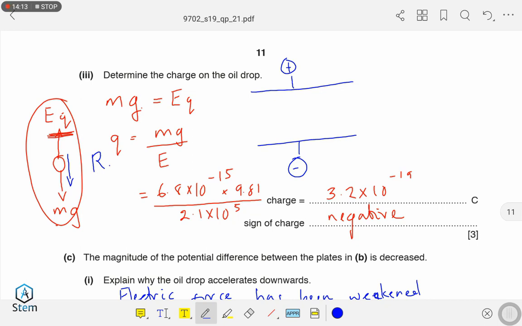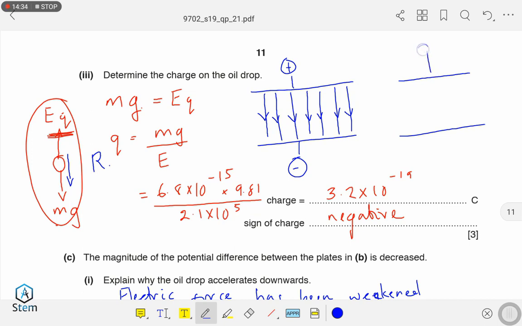If the field is very strong, we will have our field lines being very close to each other like that. With our field lines, the arrows always point from positive to negative. Let me just add that there. If our field is weak, same arrangement, we have positive on top and negative on the bottom. The electric field lines will be further from each other like that.